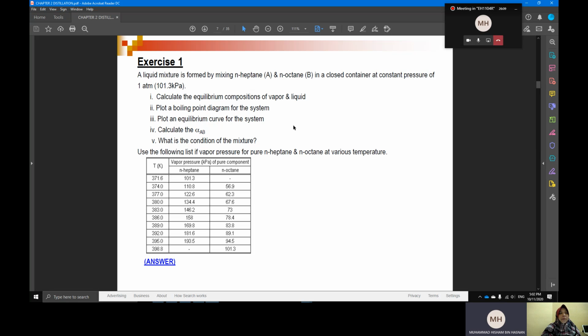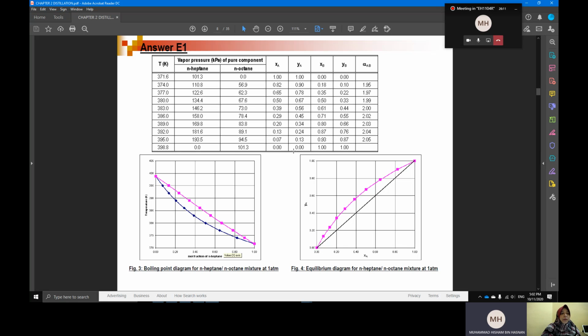Ada dua dia nak. So, boiling point diagram of the system is this one. Bentuk ni. Yang ini equilibrium curve. Okay. So, bezakan. Right. So, this one, macam mana dapat titik yang warna gelap ni? So, how do you get this value?